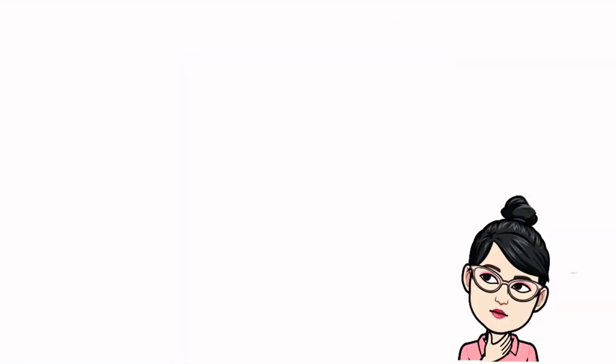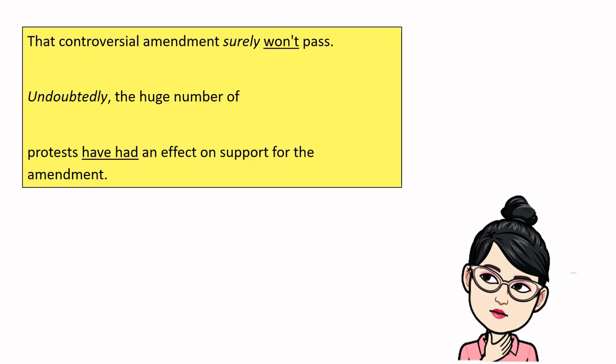Here are a few more sentences using modal adverbs to add to the meaning. That controversial amendment surely won't pass. Undoubtedly, the huge number of protests have had an effect on support for the amendment. Can you recognize the connection between verb and adverb in those sentences?